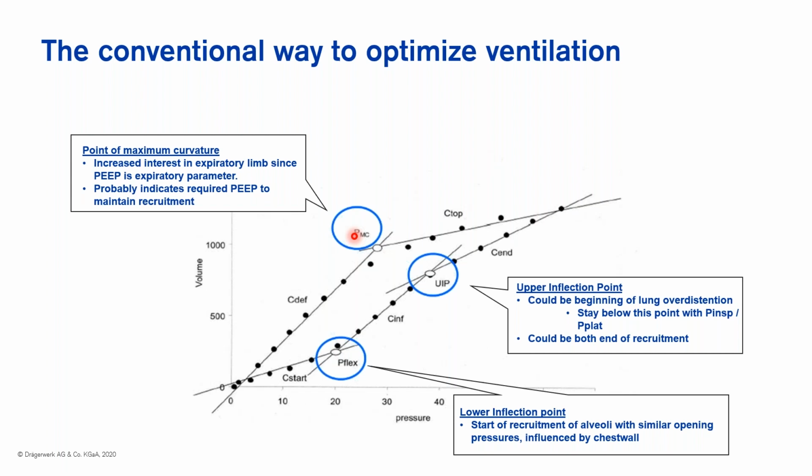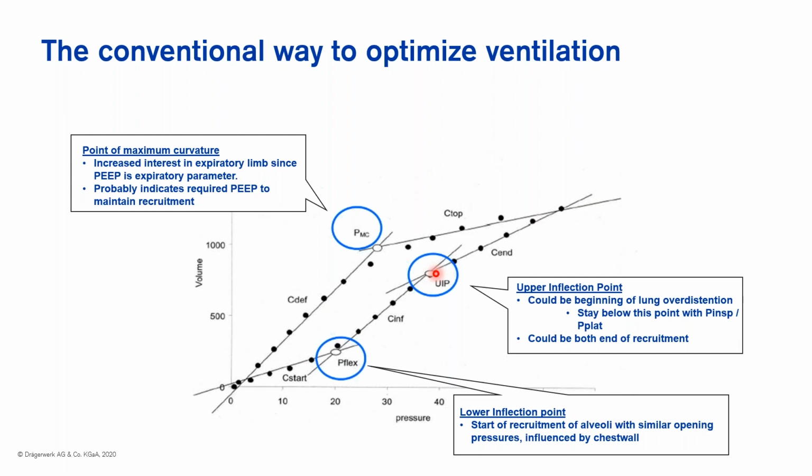And the answer to that question is not that easy, because we would need to look at what the maximum pressure is that we can deliver to the patient, what the transpulmonary pressure is that we are delivering, what the driving pressure is, and what the tidal volume is. So we cannot really make a completely informed decision based on just the low flow PV loop.